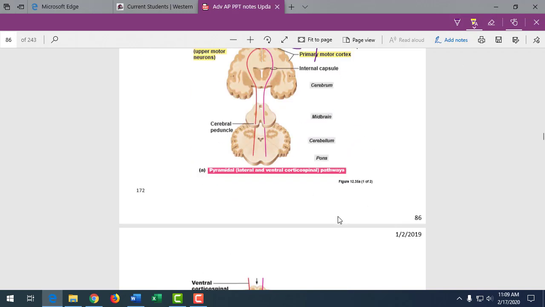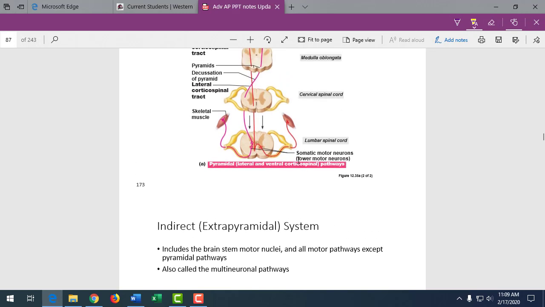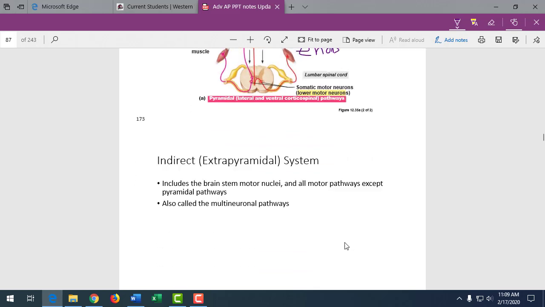Upper motor neuron, and it ends down here, the lower motor neuron, at a muscle cell, skeletal muscle, because it's all about movement, right? The descending pathways are all about movement.